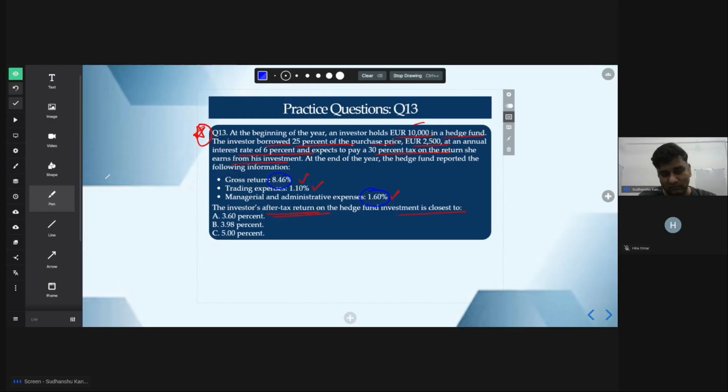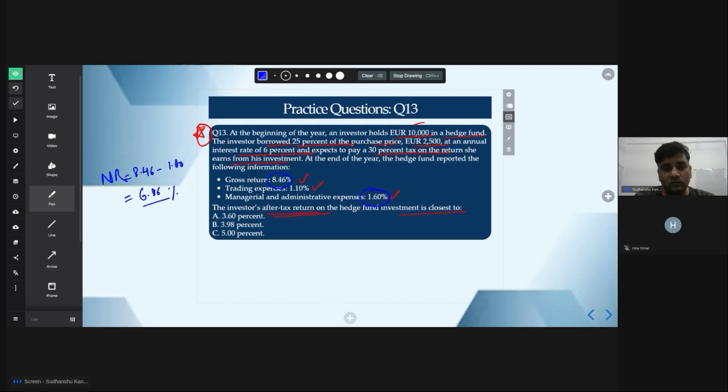So I'm putting NR, net return, equal to 8.46 minus 1.60, right? When I do 8.46 minus 1.60, I get 6.86, right? So this is the first step we have to do. We have moved from gross to net return. Okay, this is the first thing I have done.